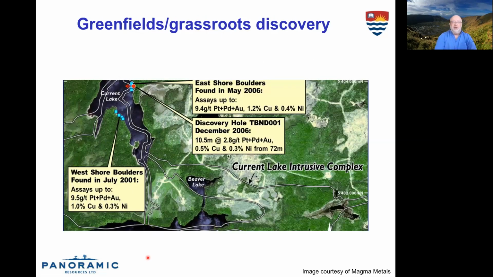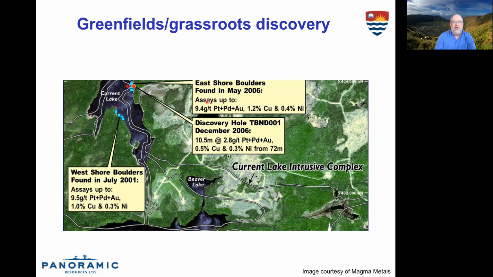The discovery story is quite interesting. A guy called Graham Wilson was involved in the discovery, and initially it was looking at boulders. They first found some boulders on the west shore in 2001, which had some very good assay values, 9.5 grams per ton platinum palladium.